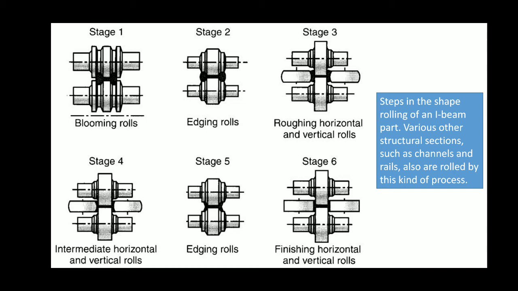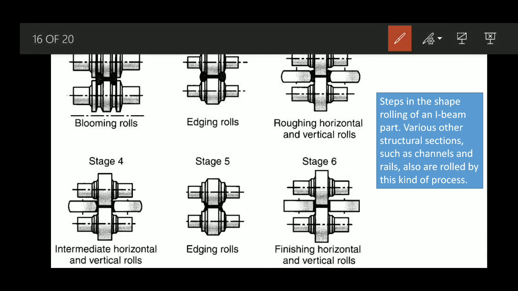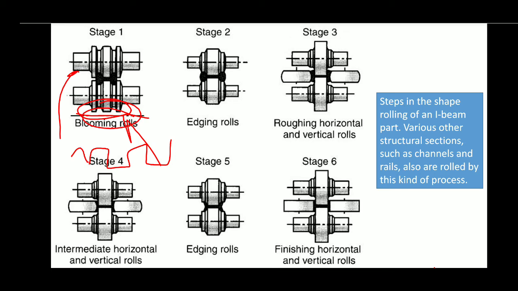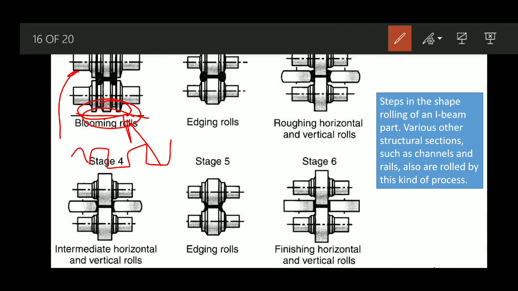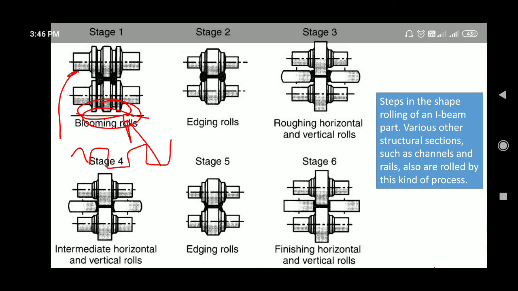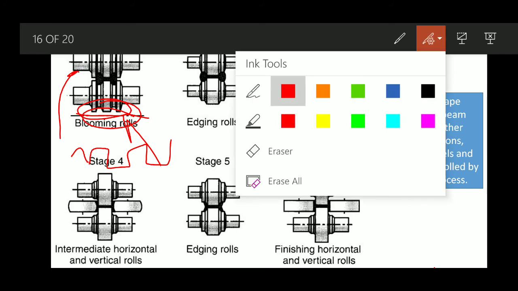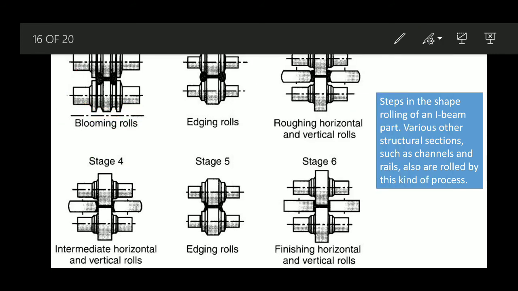Here you can see these two rolls have grooves on the periphery, on the surface, depending on what kind of shape we require. Some form has been given to it. That's why this process is known as form rolling or shape rolling, because we get a particular shape.